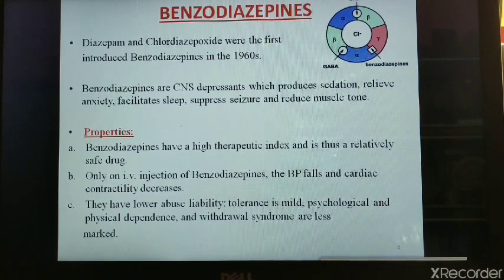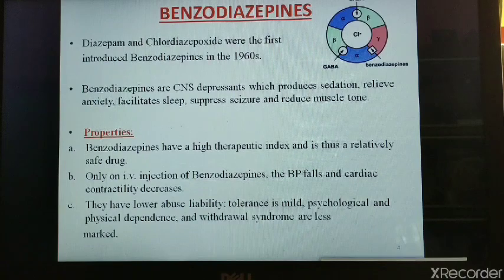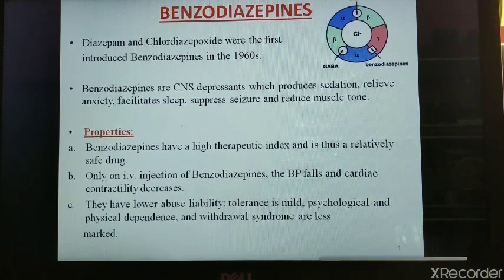Next, the most important feature of benzodiazepines is that they have lower abuse liability. Obviously, we prefer drugs which cannot be abused by individuals. Tolerance is also mild in this case, so drug dose fixation will not be a problem.